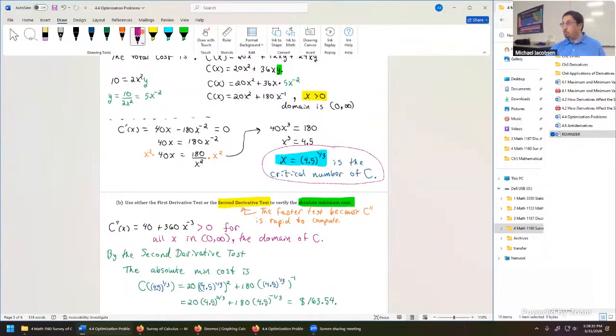We had to take that critical number, which was the side length, and then plug it into this cost function right here. It plugged into both spots, the value for x here, value for x here. So when we plugged it in, here's that value for x plugged into that spot and that spot.